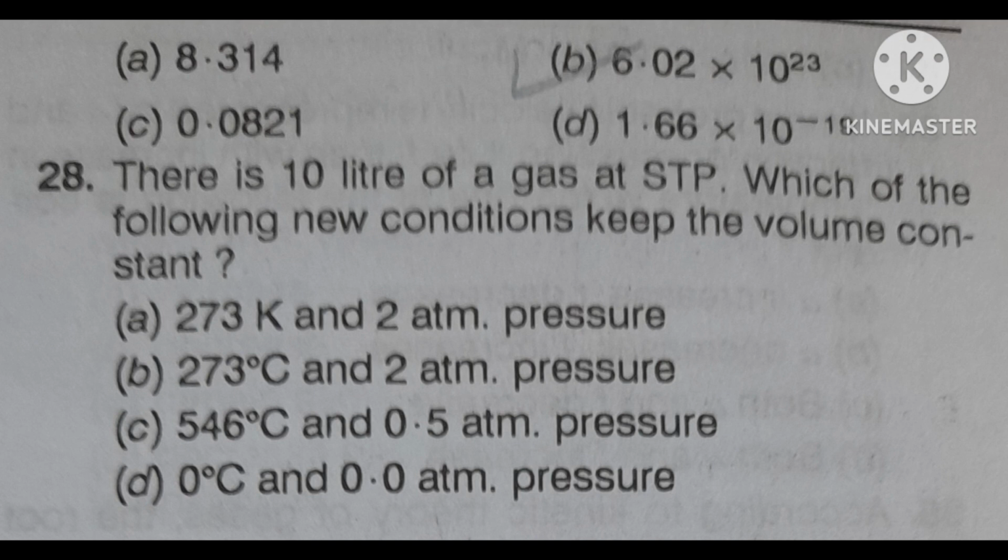Third 546 degrees centigrade and 0.5 atmospheric pressure. Fourth 0 degrees centigrade and 0.0 atmospheric pressure. Think about it. This question also you can solve. It will take hardly 30 seconds, not more than that. Think about it. After that I will tell the answer and explanation.